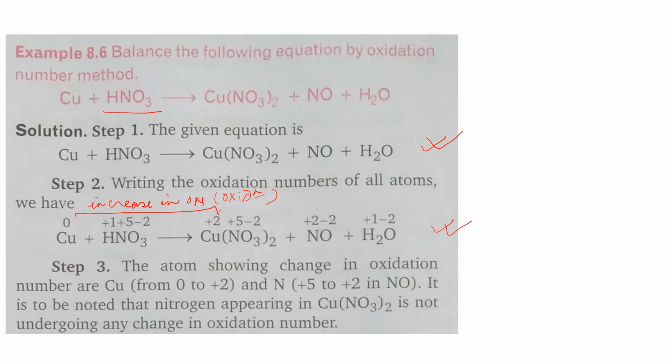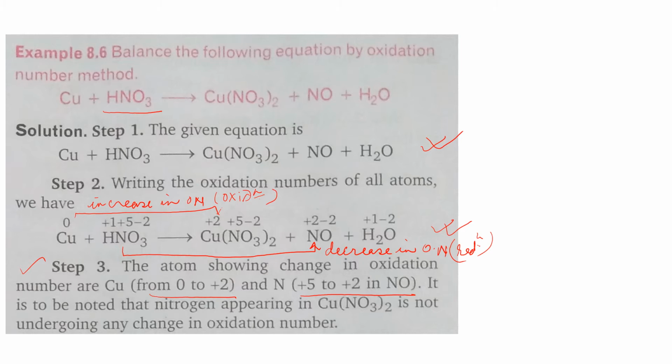The atom showing change in oxidation number is copper from 0 to plus 2, and nitrogen from plus 5 to plus 2 in NO. That means it is decrease in oxidation number. So it is reduction.